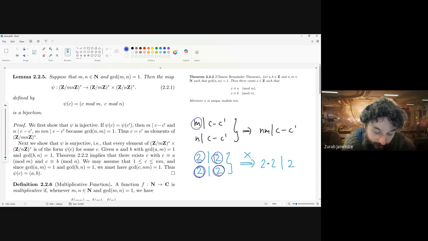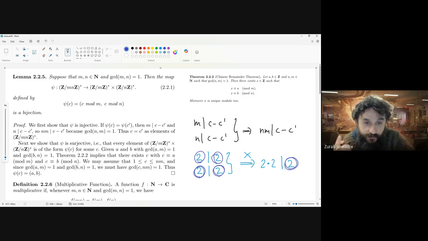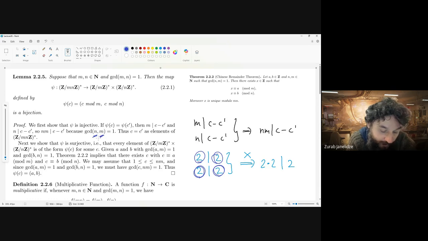When we multiply m and n, they build up together to give 2 copies of that prime factor, right? But the right-hand side only had 1 copy of it, so it cannot accommodate 2 copies. But when n and m are coprime, when the GCD of n and m is equal to 1, this will never happen. There will never be a prime factor of this that's also repeated as a prime factor here, so that they don't blow up in the product.